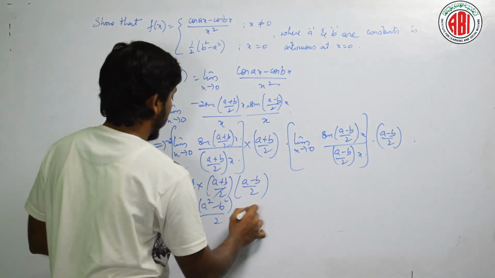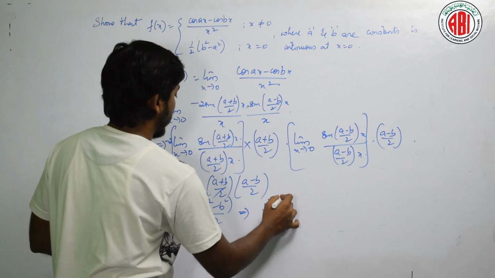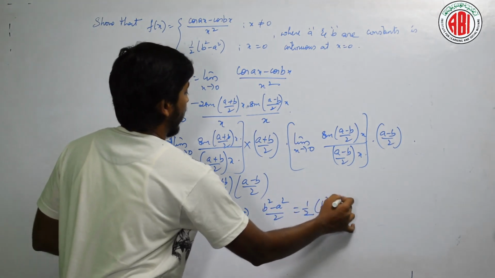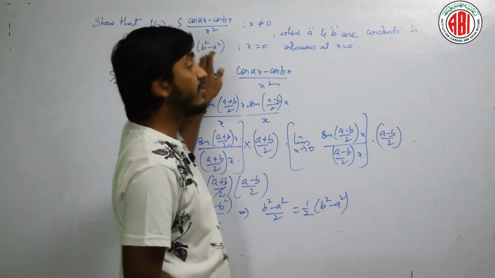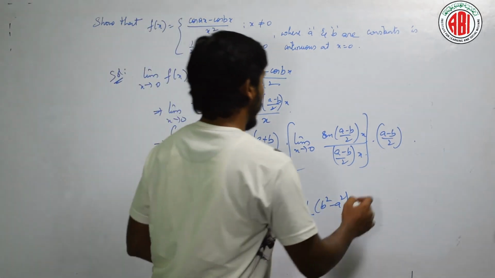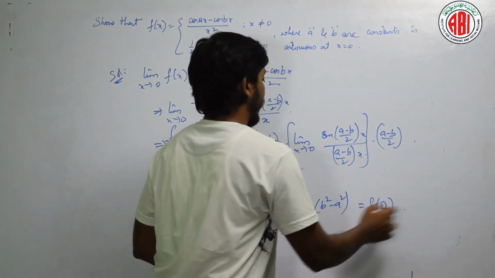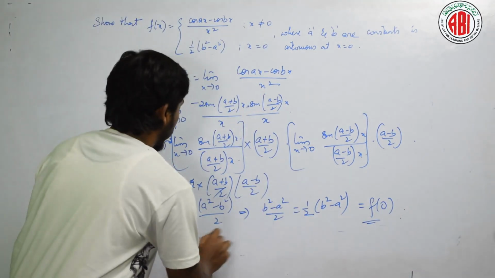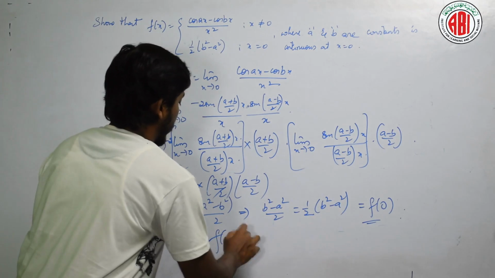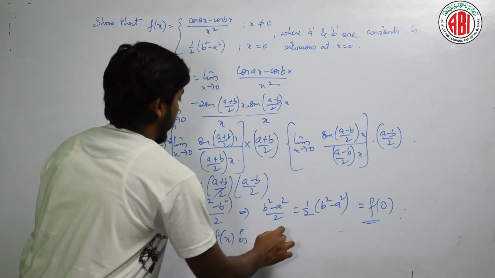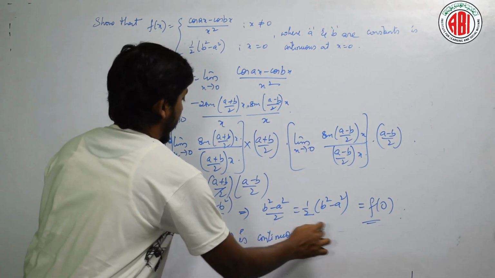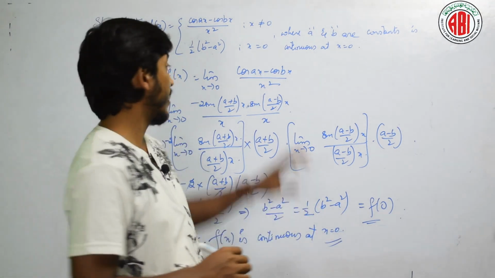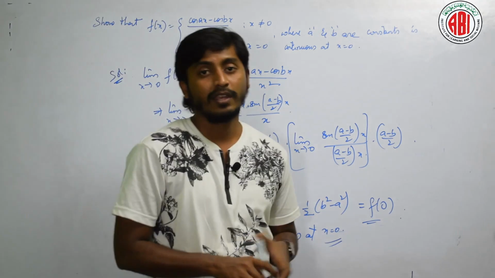Multiplying the minus inside, this is b square minus a square by 2, that is half of b square minus a square. What is this? This is f of x at x equal to 0, that is f of 0. Therefore, f of x is continuous at x equal to 0. Is it clear? Did you understand this problem?